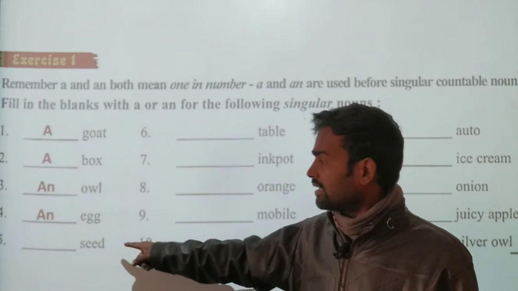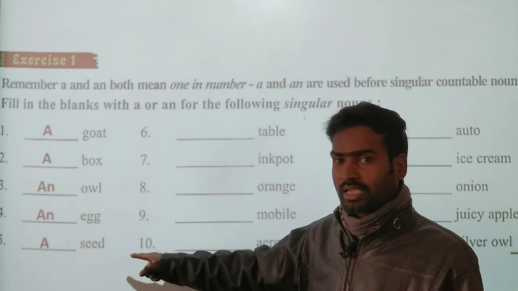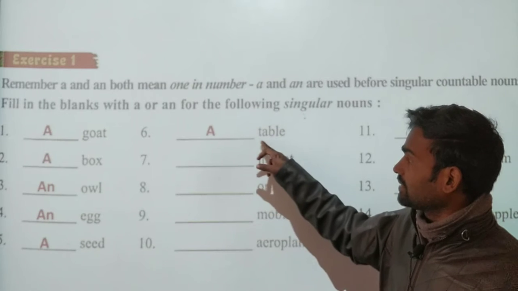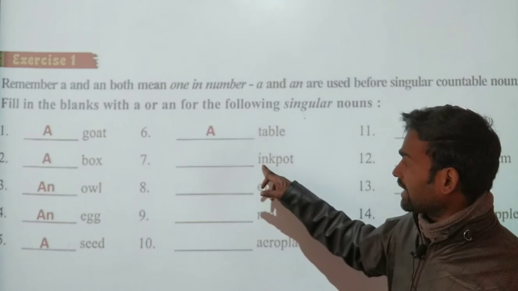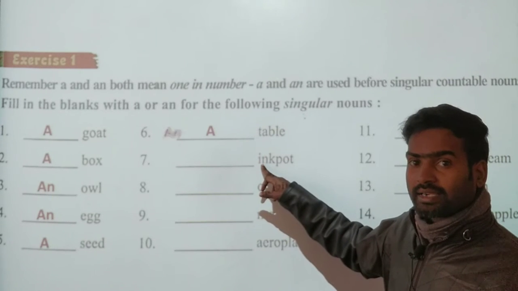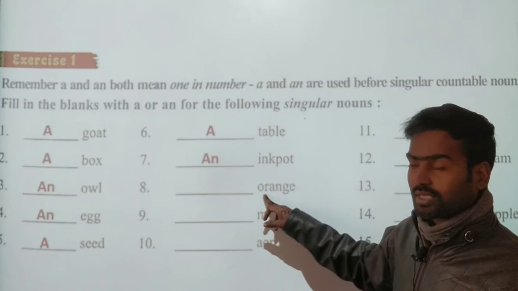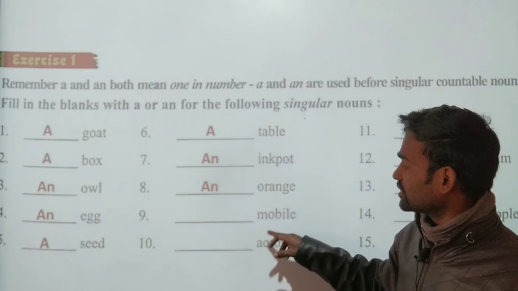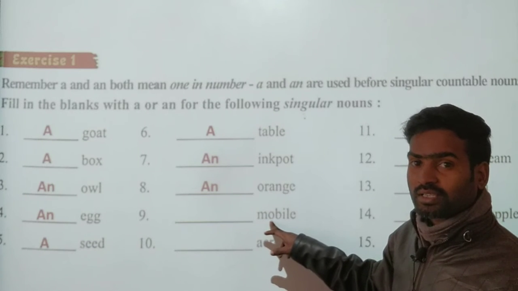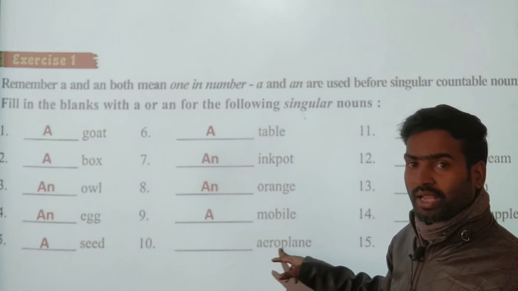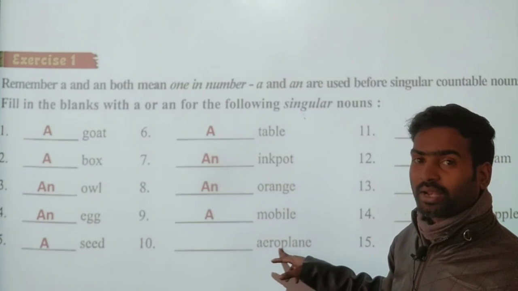And a seed. And then table, how many? Only one, which means a table, consonant sound. Ink pot begins with a vowel sound. Orange, O, vowel sound, so an orange. Mobile, consonant sound M, so a mobile. And aeroplane, A, so an aeroplane.